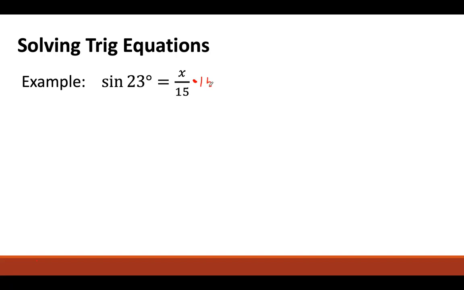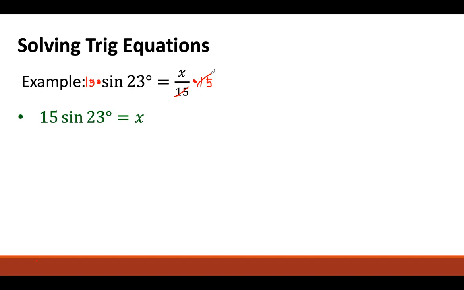What this will do is cancel 15 on the right side, and then you'll have 15 on the other side. So I'm going to take a second, cancel my 15s. And so you should get 15 sine 23 degrees equals x.